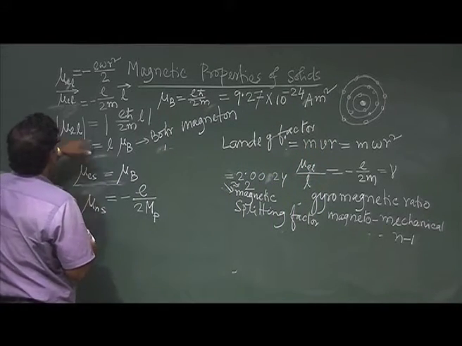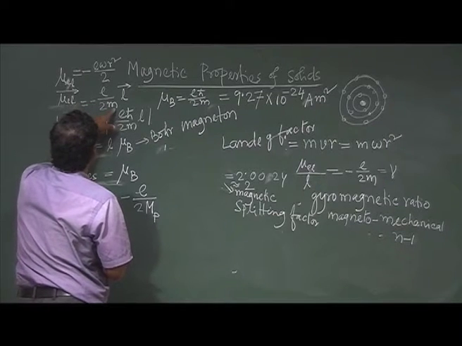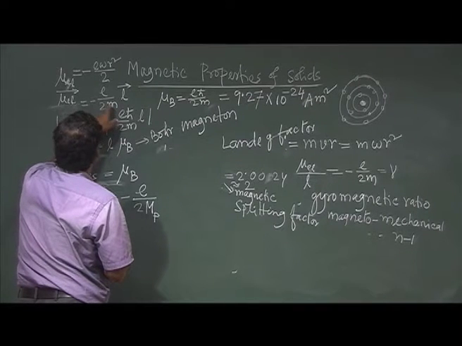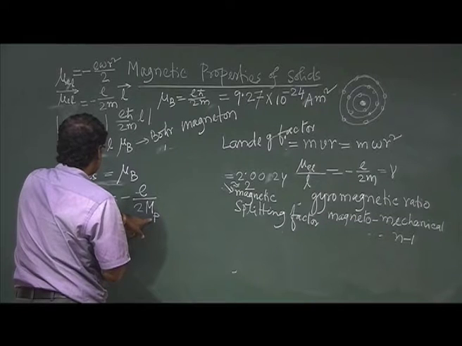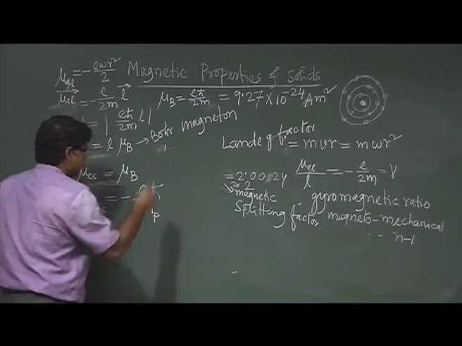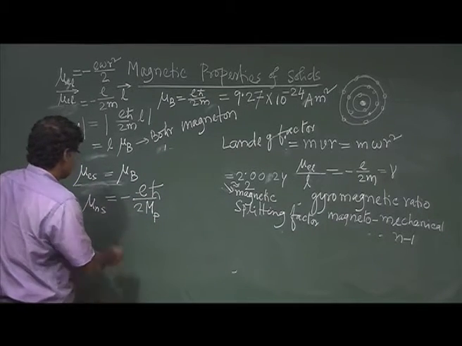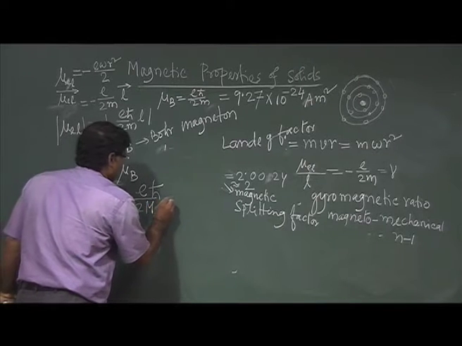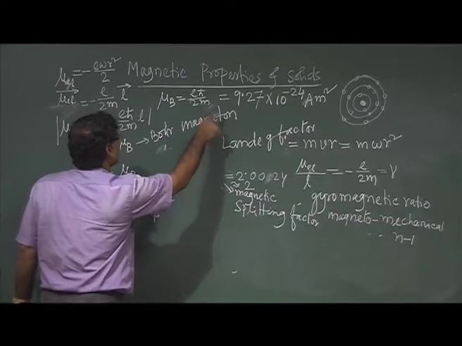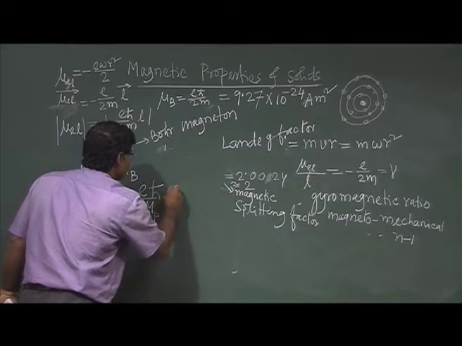Whatever m was in the case of the electron is replaced by the proton mass, and this is the magnetic moment. Similar to the Bohr magneton, this is called the nuclear magneton.